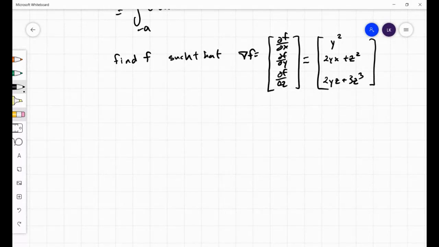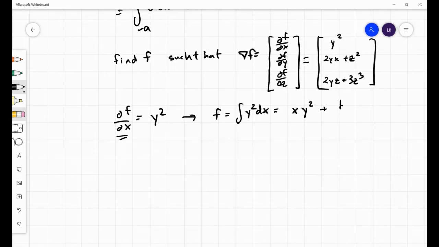Okay, so this means in particular that the derivative of f with respect to x is y squared. So we recover f by anti-differentiating with respect to x. And we get x y squared plus, instead of a constant of integration, a function of the other two variables, y and z.